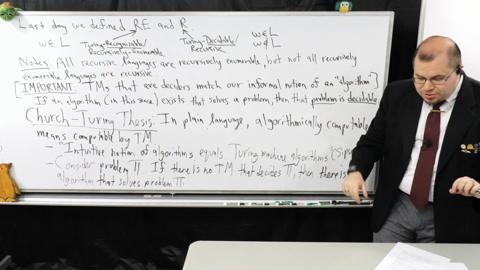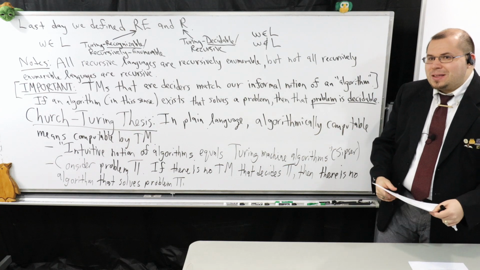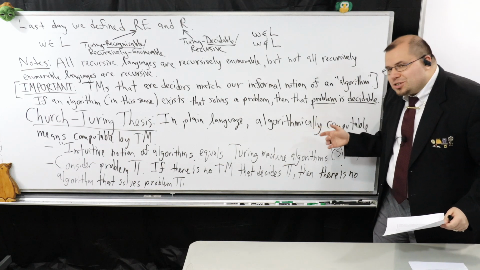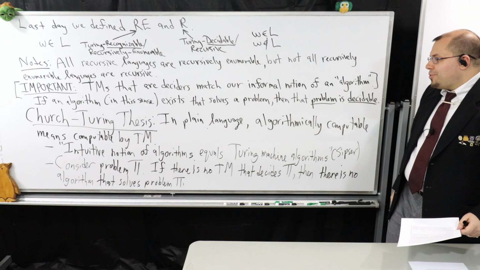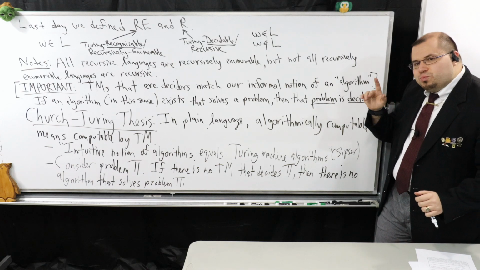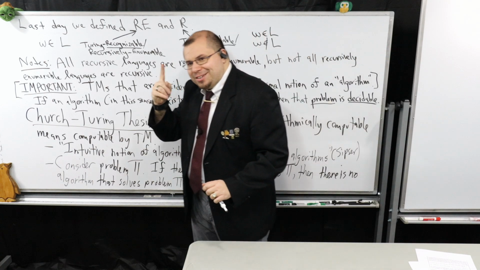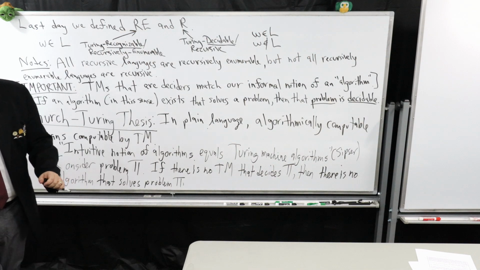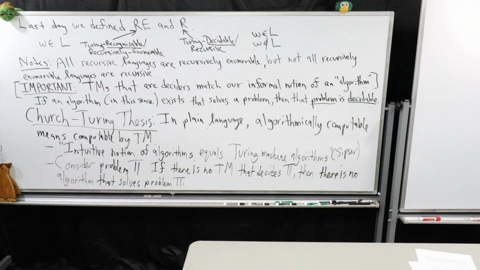But here's the interesting fact I need to tell you: when we talk about the Church-Turing thesis, remember I told you the other day that there's not just one Turing machine conception. There are several different ways you can equivalently define the Turing machine. I'm going to show you some of those today.